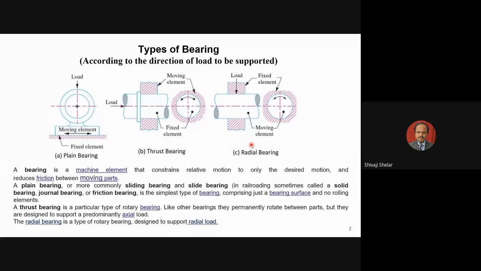Or if you take any thrust bearing, it can also support a radial load to some extent. They are manufactured so that they can take care of the major load as well as the minor load in the other direction. Okay, so this is regarding the type of bearing based on the direction of load.